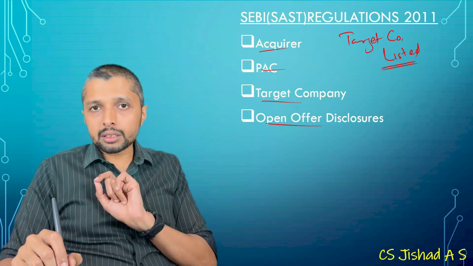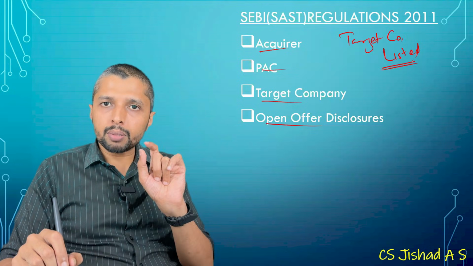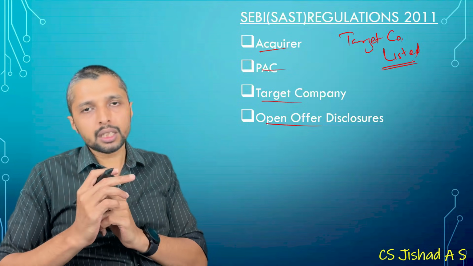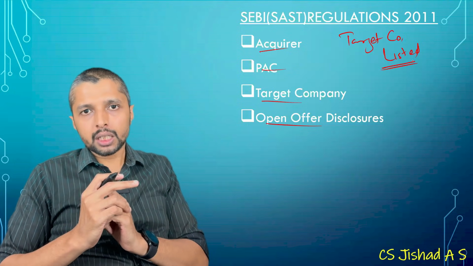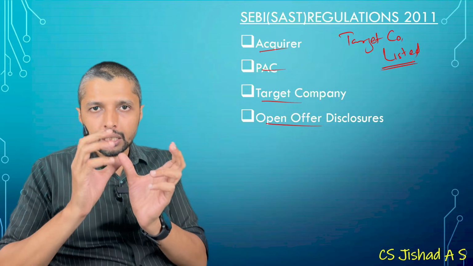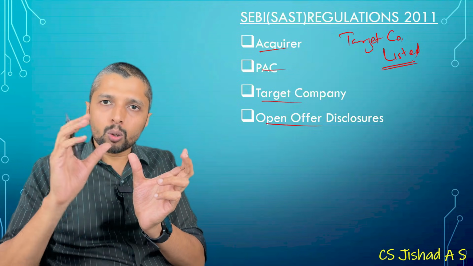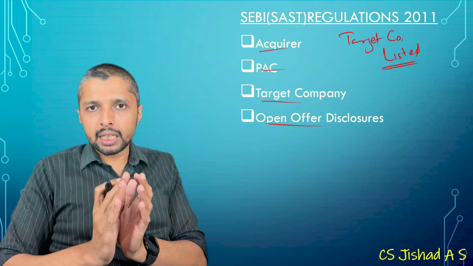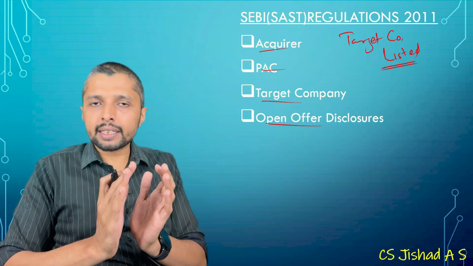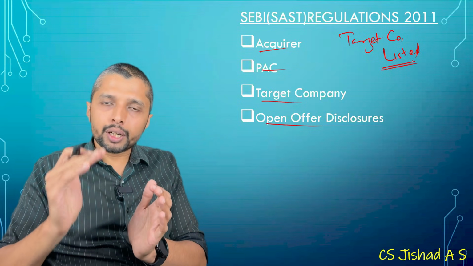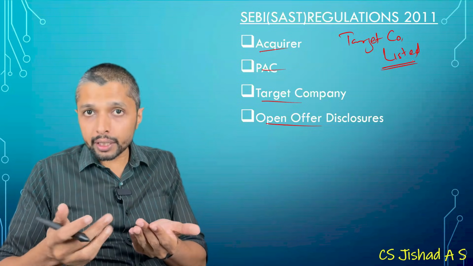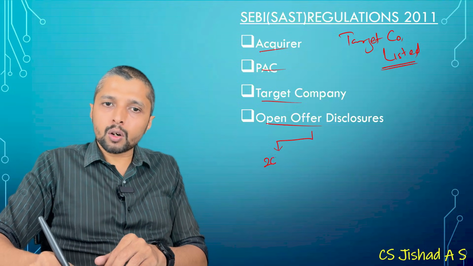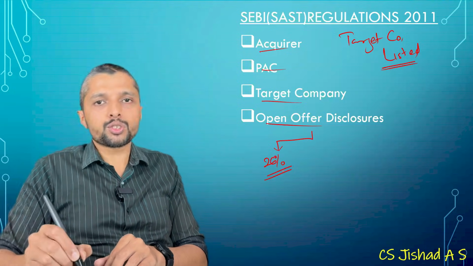If the target company is not listed, you will have to comply with the provisions of sections 235 and 236 of the Companies Act 2013. So suppose an acquirer plus PAC holds less than 25% in the target company, and the acquisition is entitling them to exercise 25% or more voting rights in the target company, you will have to make an open offer of 26% extra.